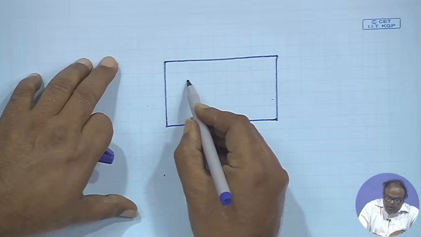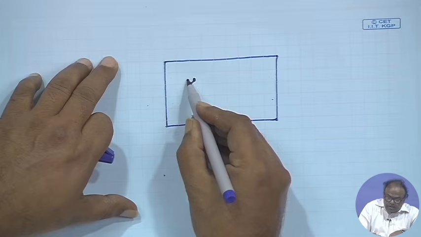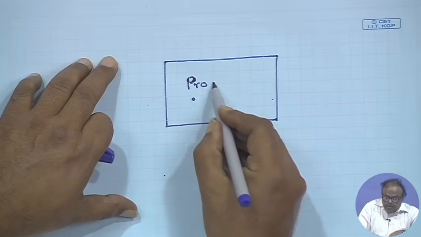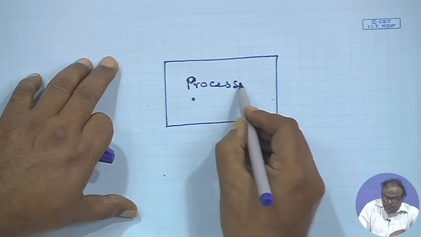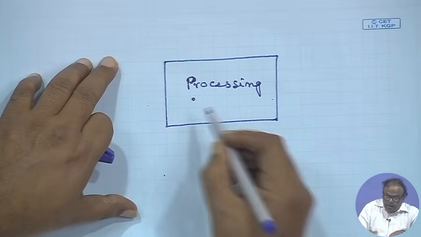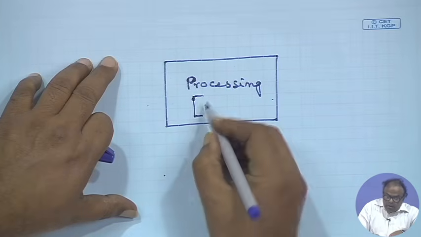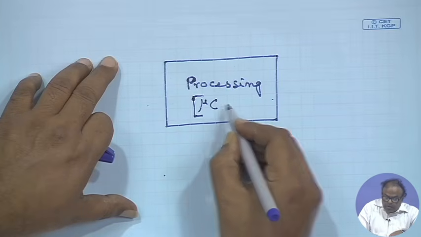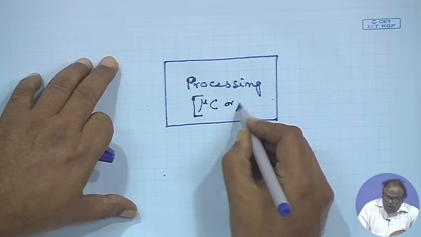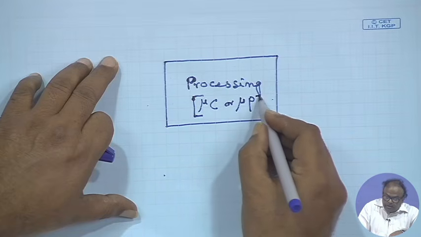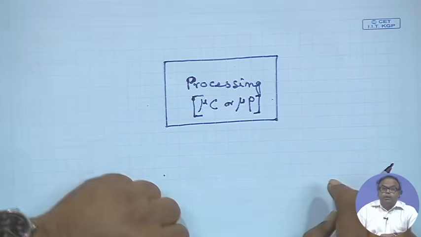say a microcontroller based system or processing system. Let me call it the processing system, which usually is microcontroller or microprocessor based if they are programmable.